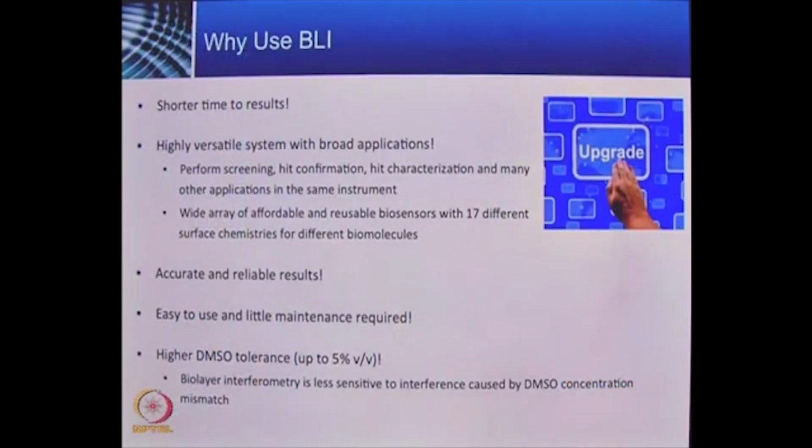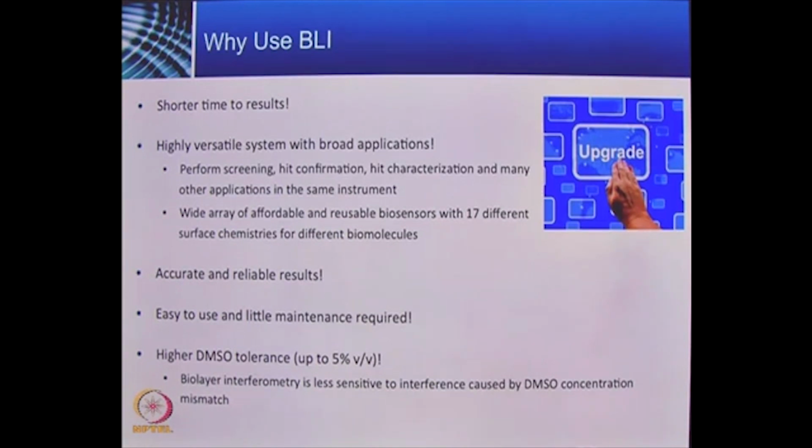The benefit of using the BLI technology or even the Octet platform in your research is that it allows you to perform your analysis in a short time. The platform is very straightforward and is very easy to use. Lastly, if you're working with small molecule samples, this system allows you to analyze samples in DMSO up to 5% concentration.